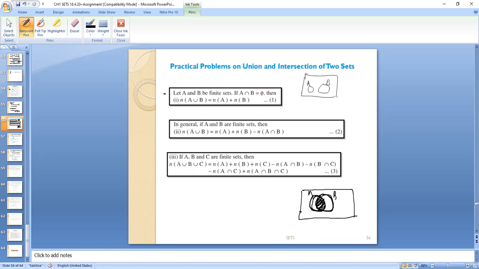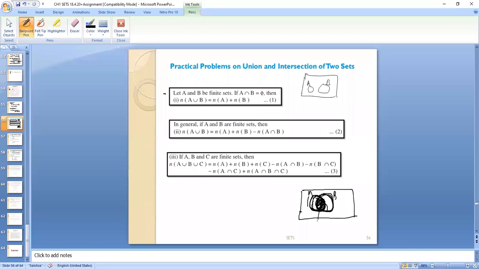So this area of intersection I have counted twice. When I count the number of elements in A, this area is calculated, and when I calculate the number of elements in B, this area is calculated again. This shaded area is calculated twice, so I need to subtract it.